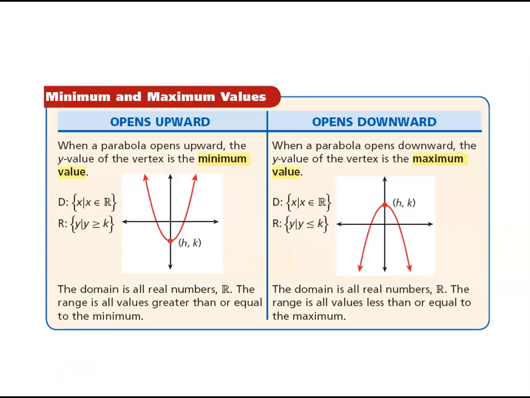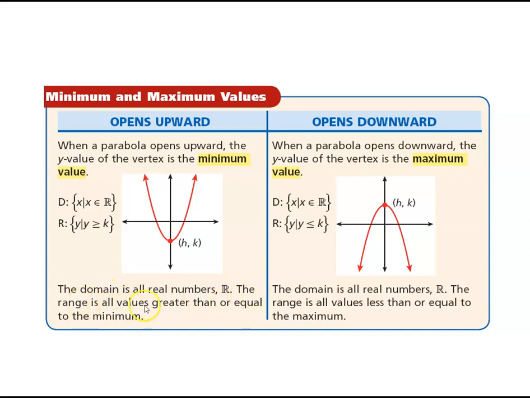Now, let's try to find the minimum and maximum values of the parabola. When a parabola opens upward, the y value of the vertex is the minimum value. And when the parabola opens downward, the y of the vertex is the maximum value. Therefore, the domain is all real numbers. The domain is all real numbers because all the values of x go from negative infinity to positive infinity.